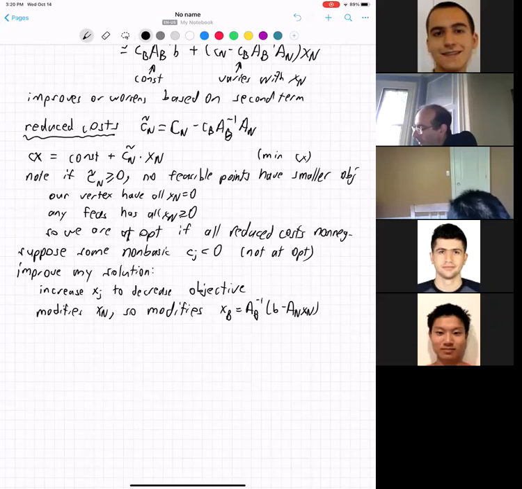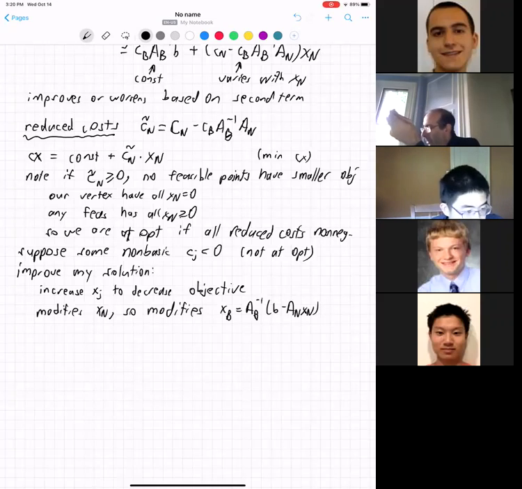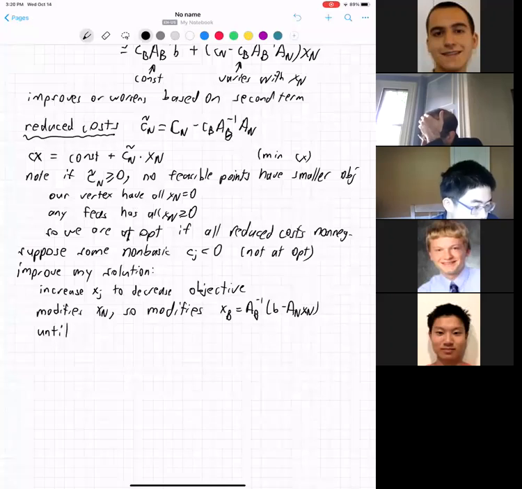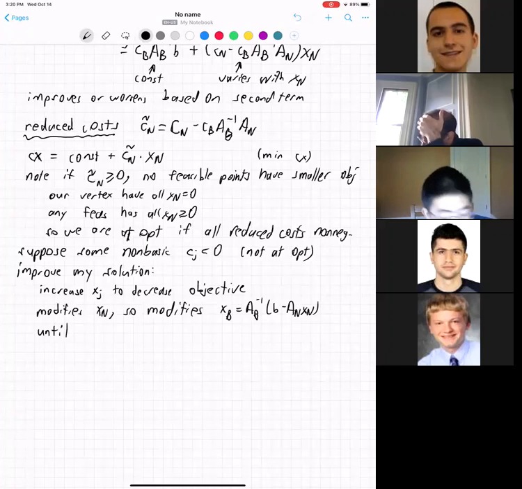So we found this xj with a negative reduced cost. We start to increase that xj from 0. As we do this, there is a corresponding change in the basic variables x sub b. And we do this until when? When do we have to stop? Until one of the basic variables becomes tight, becoming 0.